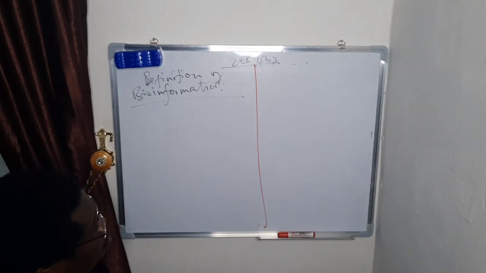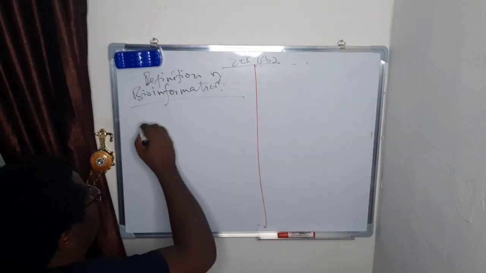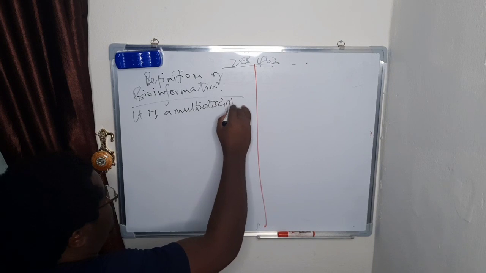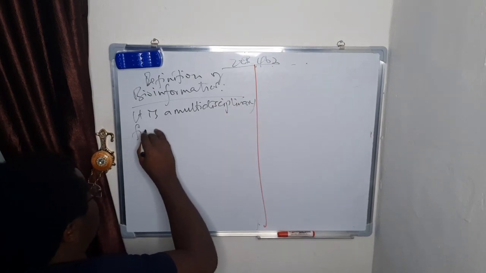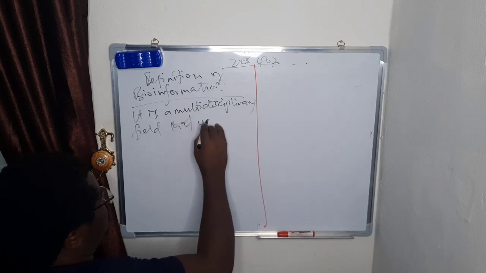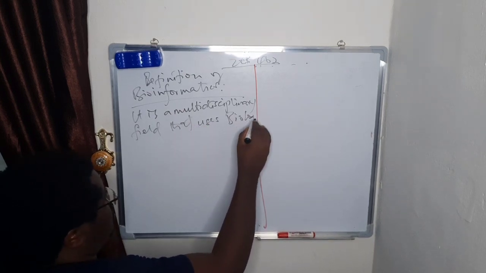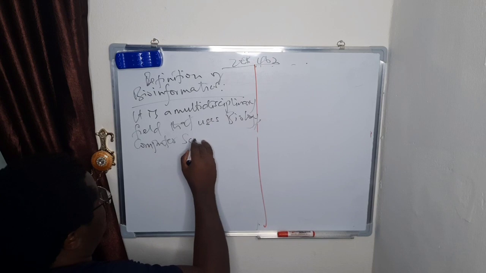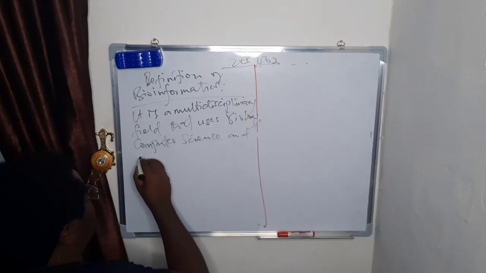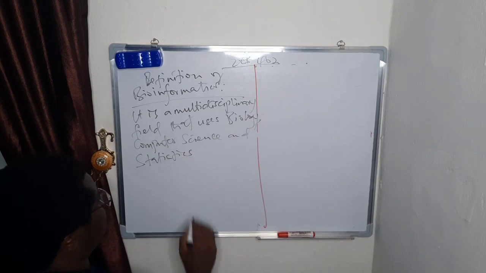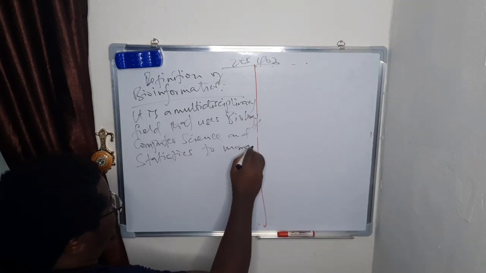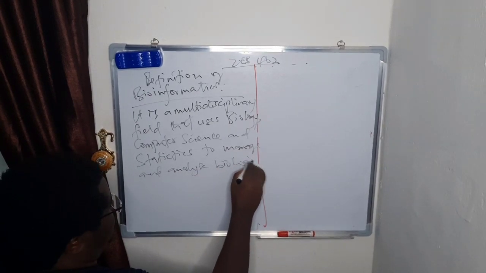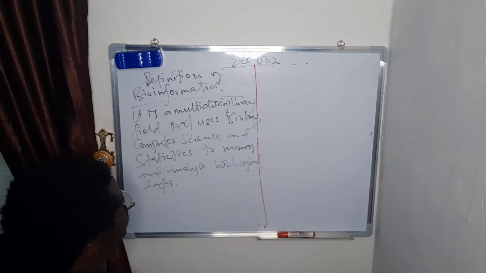From what we've discussed so far, bioinformatics can be defined as a multidisciplinary field that uses biology, computer science, and statistics to manage and analyze biological data.